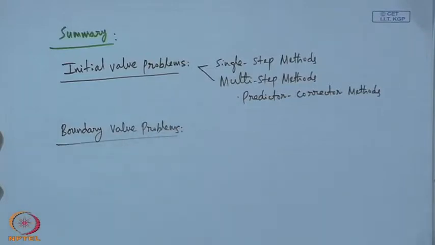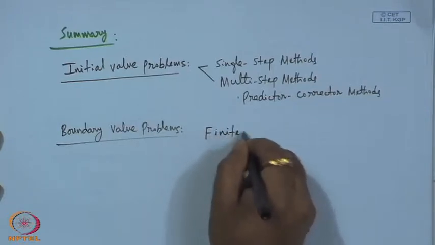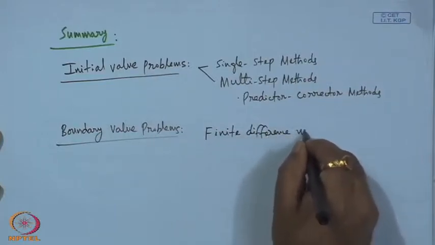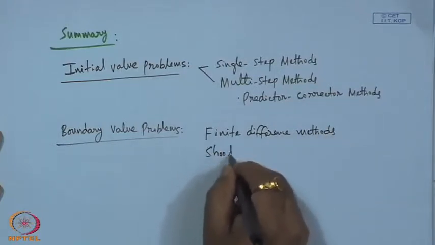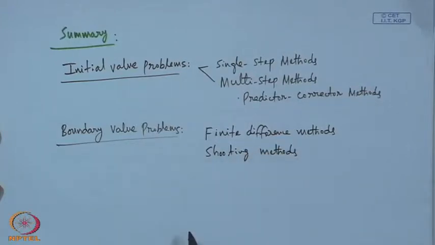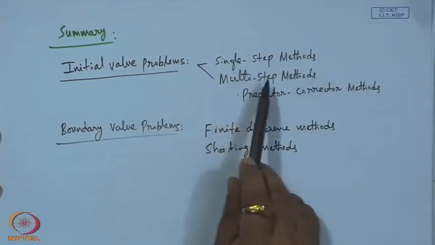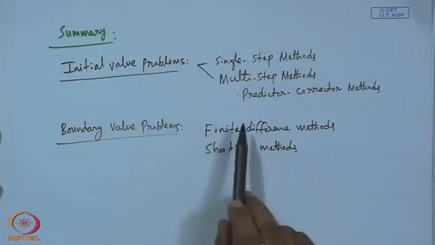Boundary value problems, where we discussed finite difference methods and shooting methods. So, in initial value problems the single step methods and multi step methods are based on the principle of approximation by weighted average of slopes.